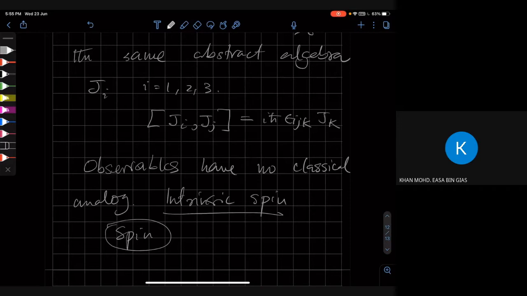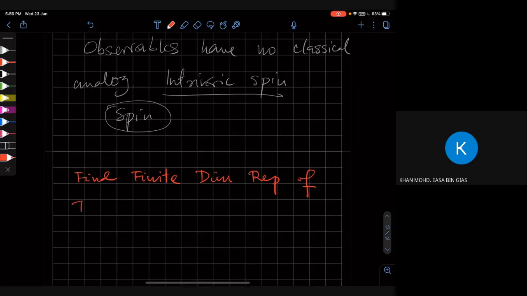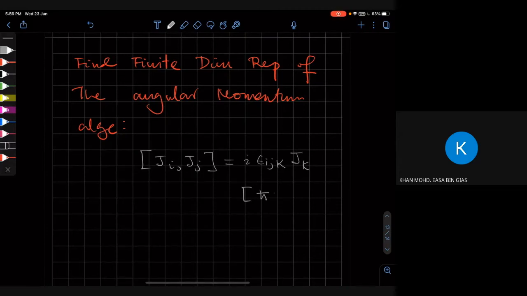So our project for today is to find the finite dimensional representation of the angular momentum algebra, which is given by, let me write it again, [J_i, J_j] = i epsilon_ijk J_k. Here we are setting h bar to be 1.